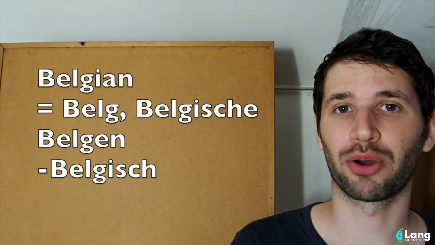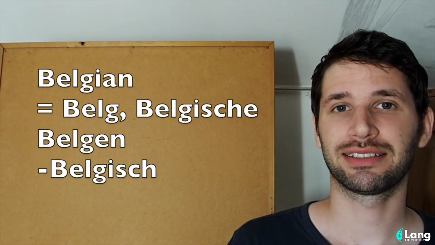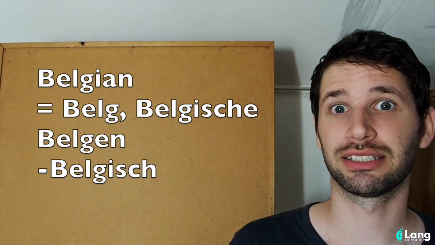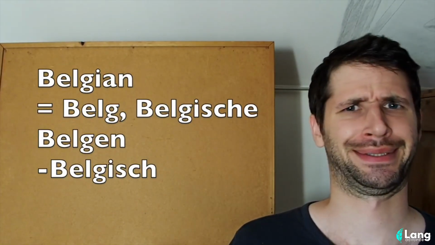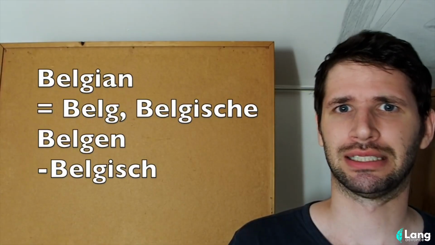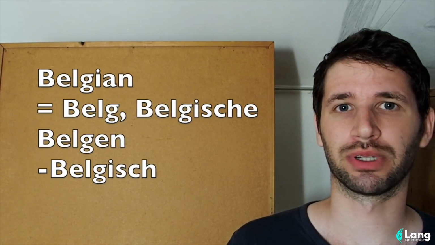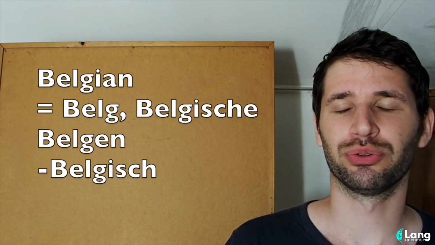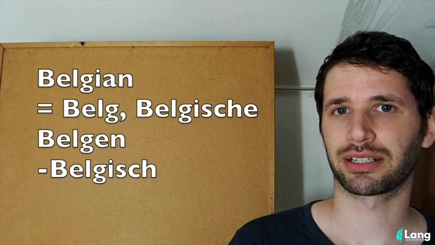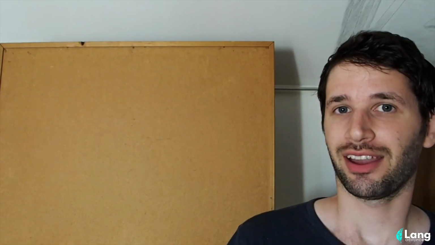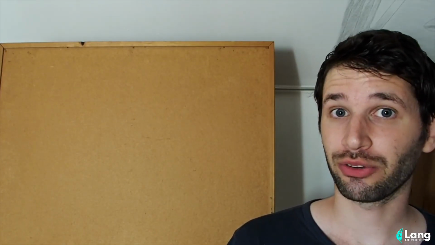And one funny thing about Belgian women is that they have Belg on their ID card. They don't have Belgische. So even the Belgian administration doesn't even know the difference. So I'm sure that no one will do something bad to you if you don't know the difference between Belg and Belgisch. So let's see some of the surrounding countries of Belgium and the Netherlands.